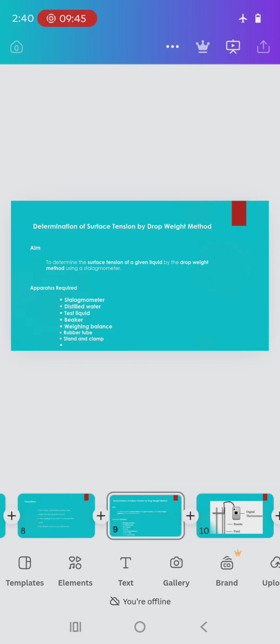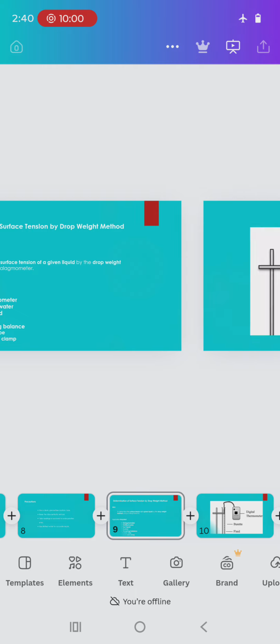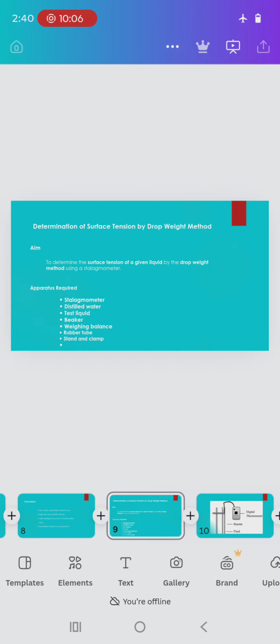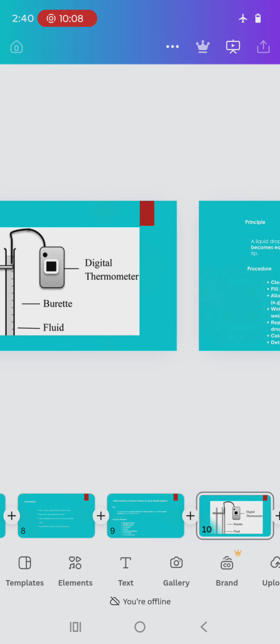The apparatus required: the stalagmometer, distilled water, test liquid, beaker, weighing balance, rubber tube, stand and clamp. This diagram represents the surface tension by the drop weight method.